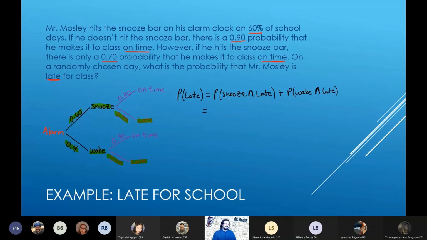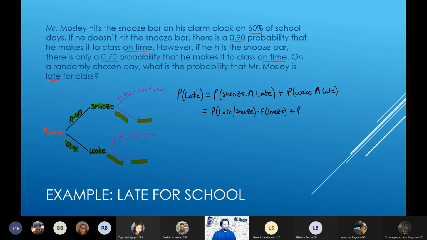These two statements here, probability of snooze and late, based on the general multiplication rule, have to be equal to the probability that I am late given that I hit snooze times probability that I hit snooze, plus probability of wake and late.